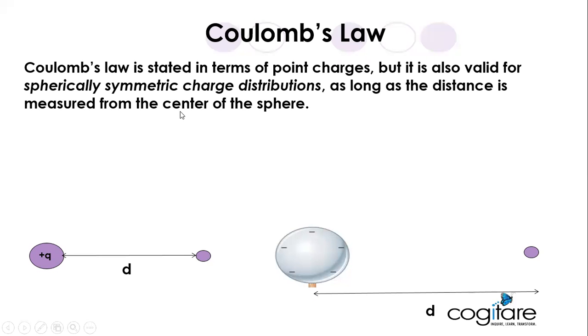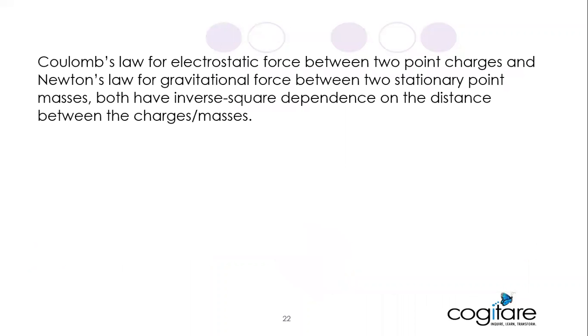So this Coulomb's law is applicable even though these are not point charges, but real world spheres or whatever geometries. But you have to take the center to center distance between these objects. So long as you take that, this Coulomb's law, F is equal to Q1 Q2 by D square is applicable. All right, guys.